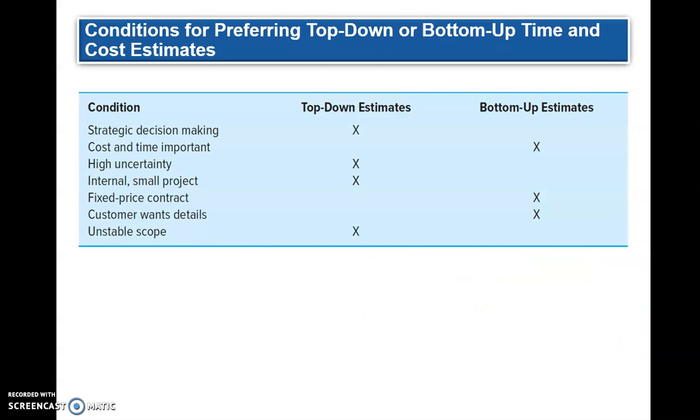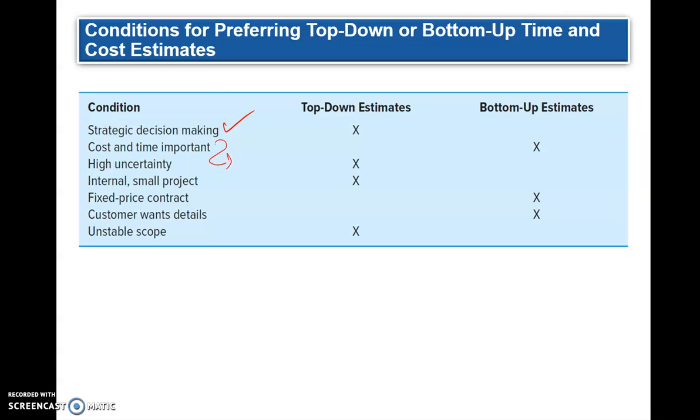So the top-down estimates are used for strategic decision making, like selecting a project. A bottom-up estimate is used in cost and time important projects.